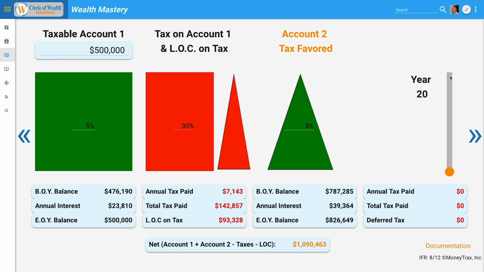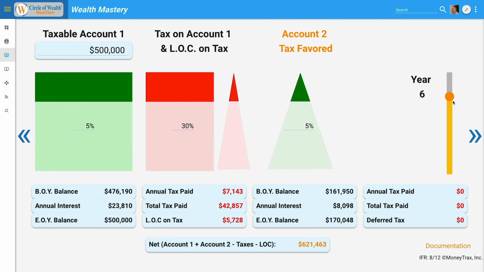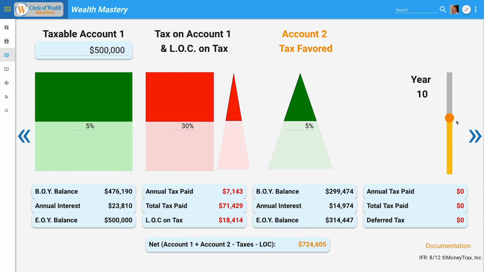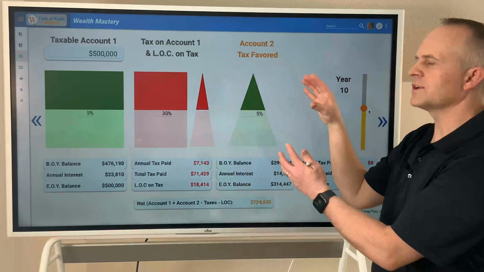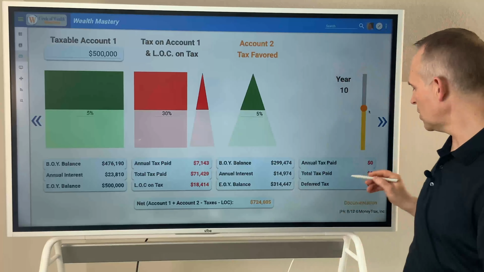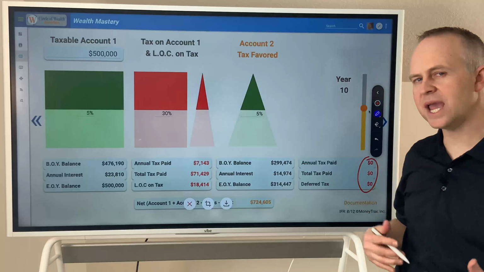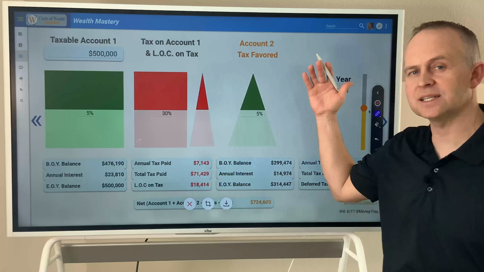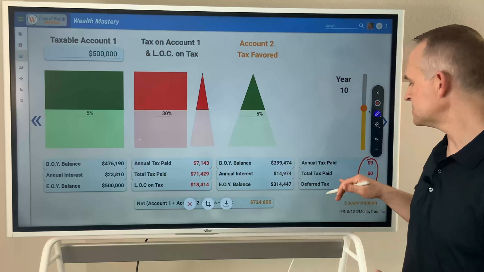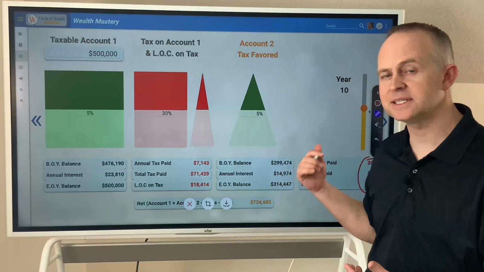If I reverse and go up to the top, you can see we're still taking the earnings from over here and moving them into this tax-favored position. So we have no taxes being paid on an annual basis, and we haven't paid any taxes thus far because it is a tax-favored account, which means our future tax liability is still 0.